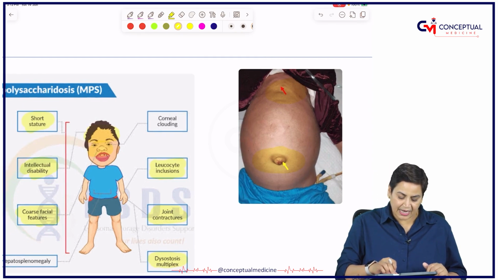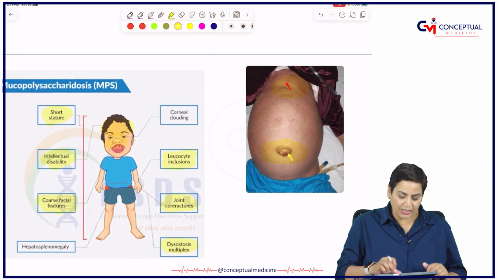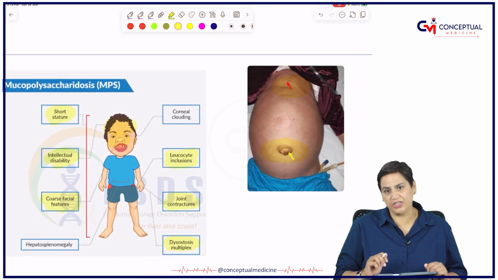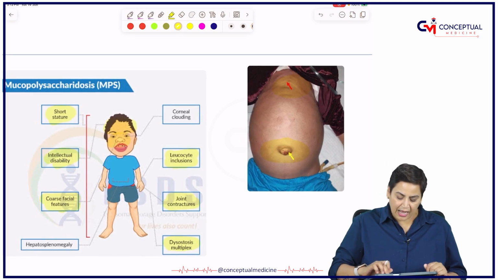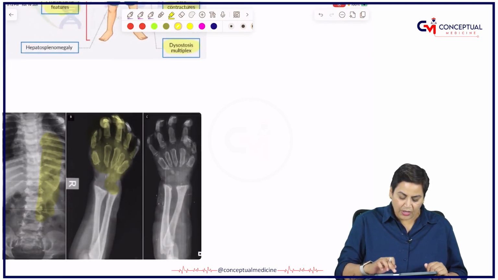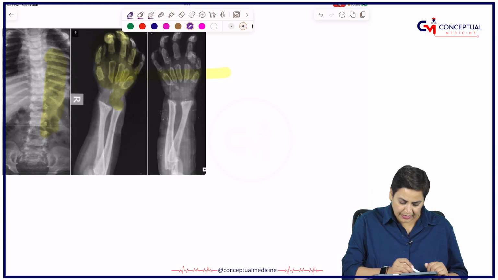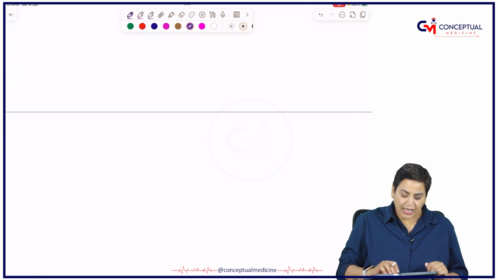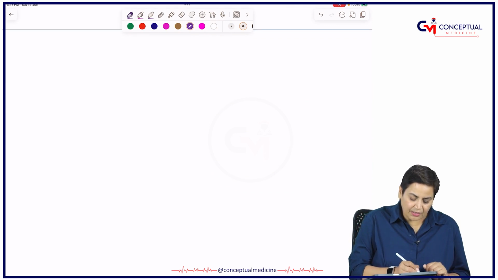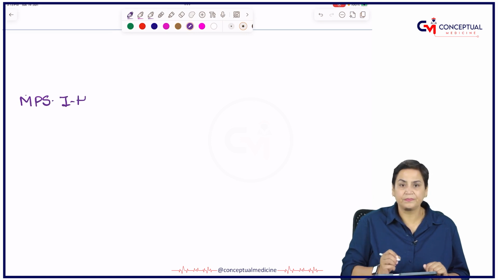But there are different types of mucopolysaccharidosis, so how do we differentiate between them? I will highlight it here. This is the breaking of the vertebrae. Now, among the different types of mucopolysaccharidoses, the first one is MPS 1H.